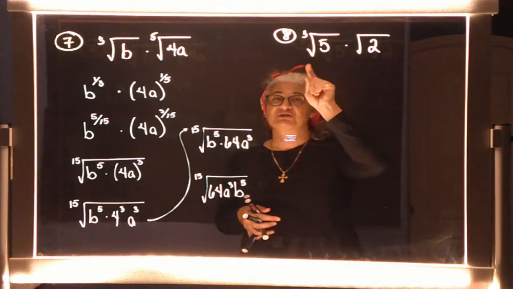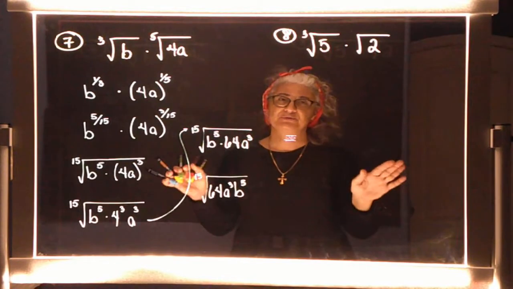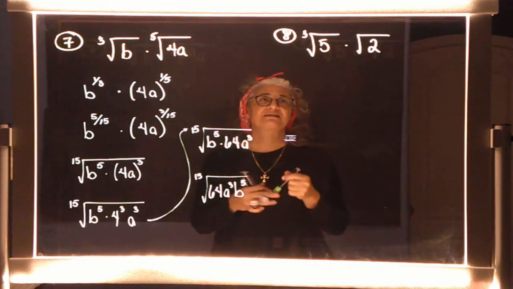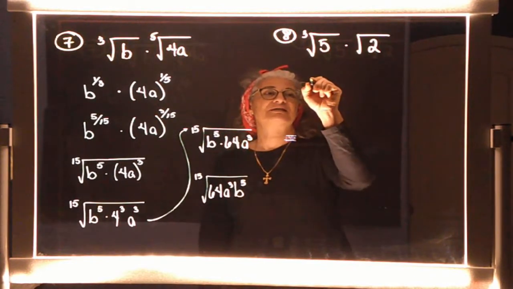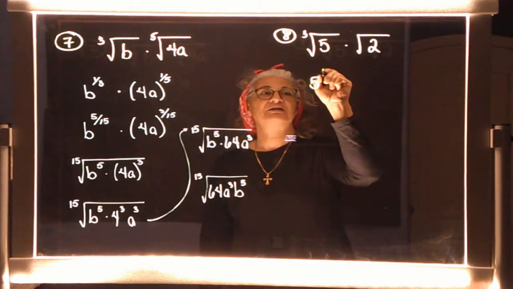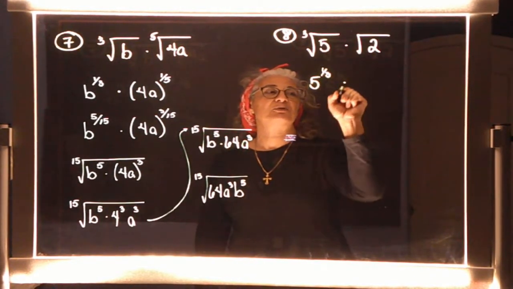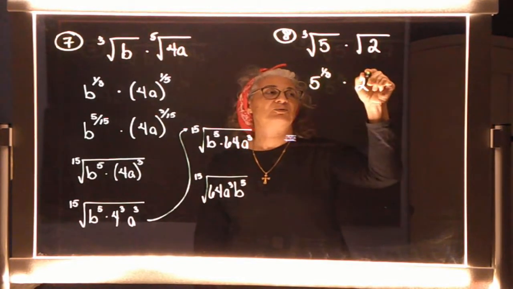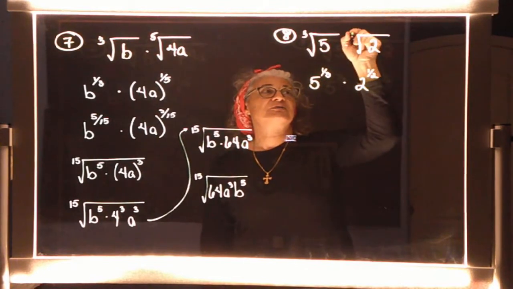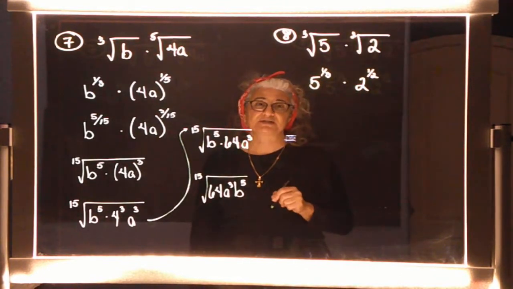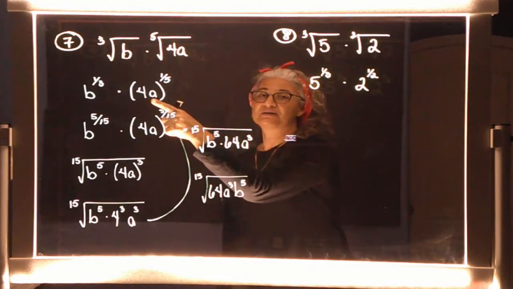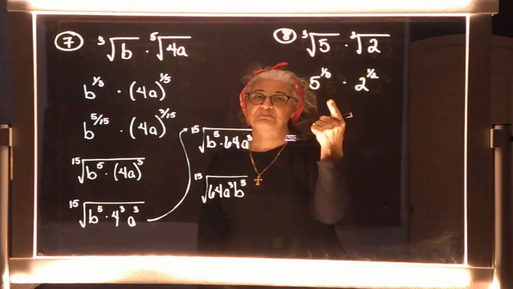Again, I've got 2 radicals. The roots are not the same. So, yes, let's rewrite this as 5 to the 1 over 3 multiplied by 2 to the 1/2. Remember, even though you don't see it, that's a square root, isn't it? Okay, so this problem kind of looks like this one. The bases aren't the same.